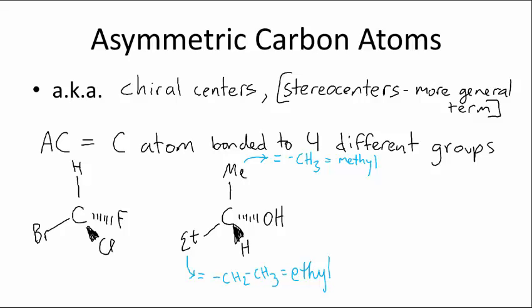So, I'd like you to take a model of a carbon atom, and bond it to 4 different groups. You could use 4 different colors to represent those 4 different groups. And take a separate carbon atom and bond it to the same 4 colors.